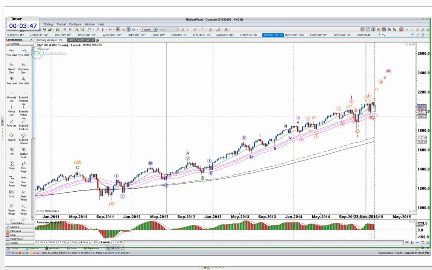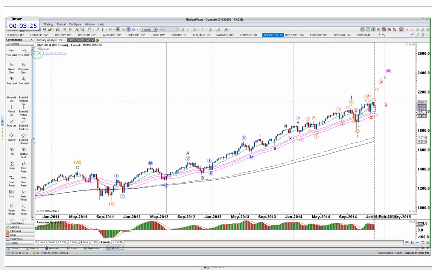The moving averages are still pointed up. So yes, the market is nervous, but there's no reason to start selling the S&P index because we're at lofty levels. We're getting no indication whatsoever that we're going to turn around.